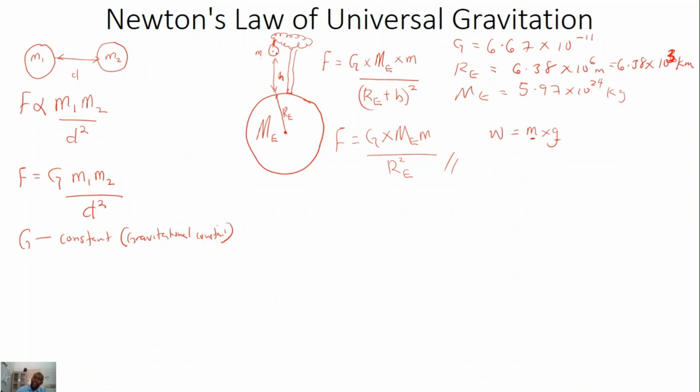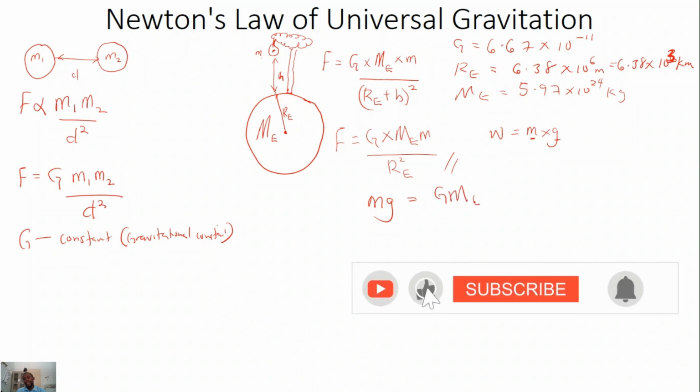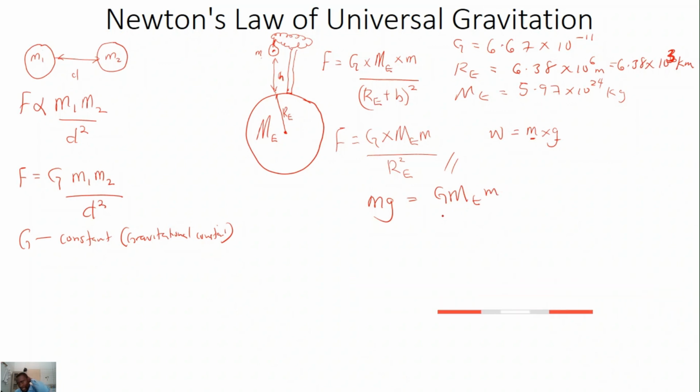Note that the weight, which is a force, is actually equal to the force of attraction between the earth and this fruit. So we can express this as the weight of this fruit is equal to G ME m, the product of the masses of the fruit and the earth, divided by RE squared.